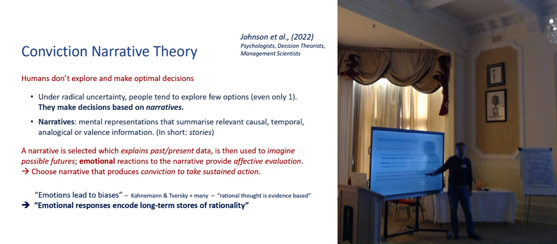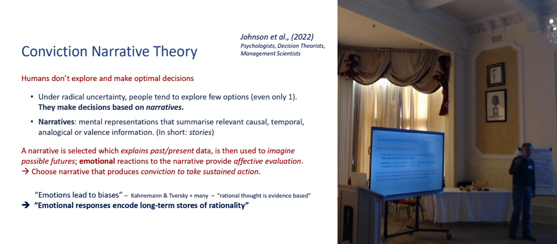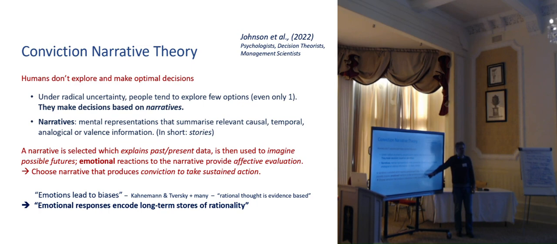So there's their forward model, but now they need some data to evaluate it against. You know, in Bayes' rule, the likelihood, that's what it did. They're kind of operating a bit like Bayes' rule here. Now, they don't have any future data, so what they do is they evaluate that forward narrative based on how it affects them, with an A, affect. So affect means how emotionally appealing it is to them.